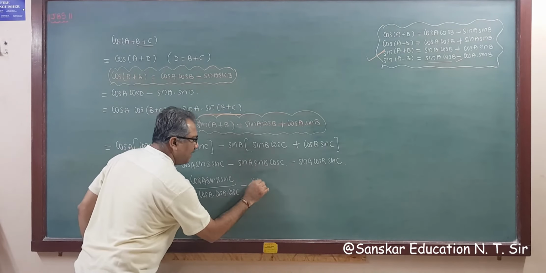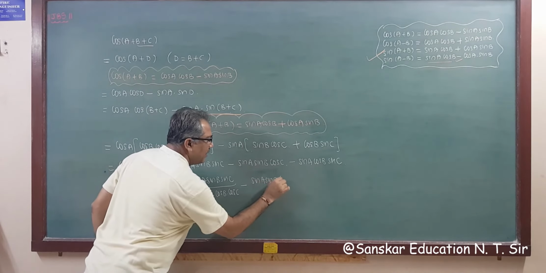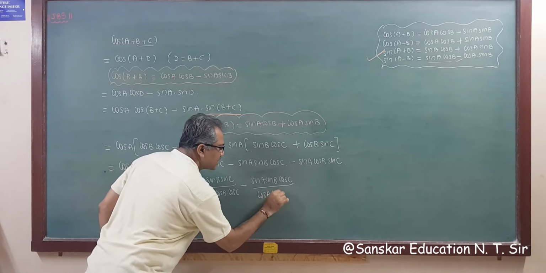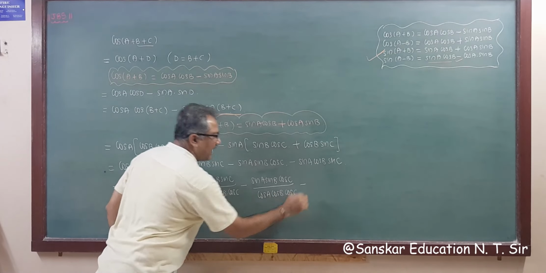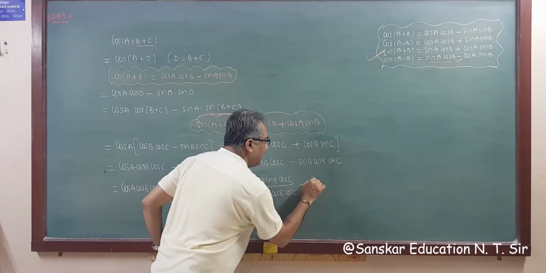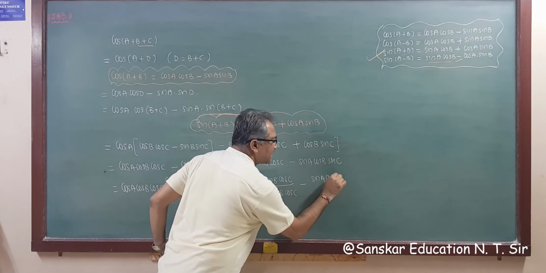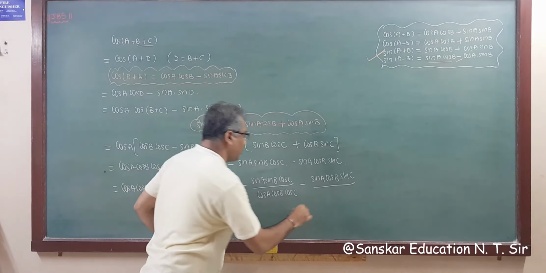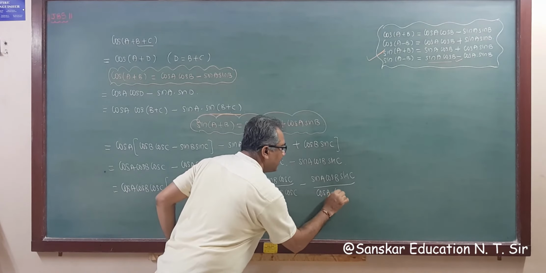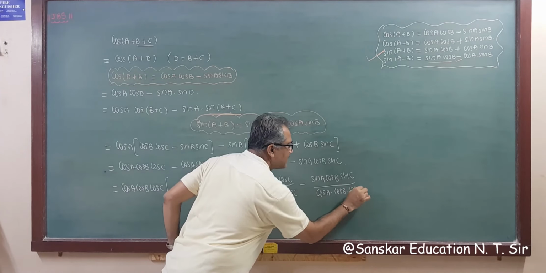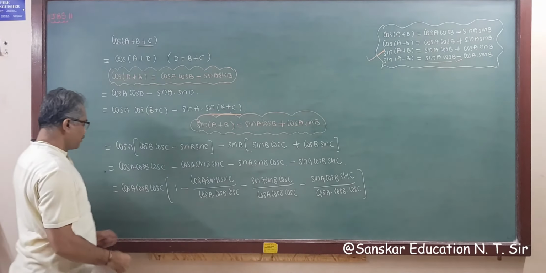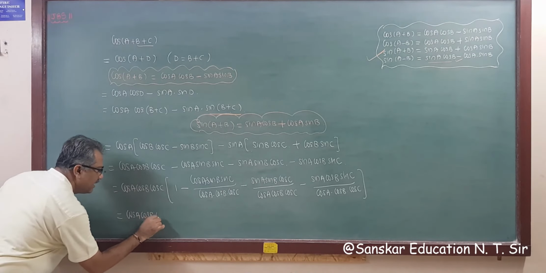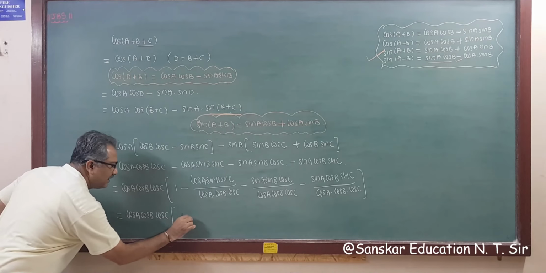Minus sin A sin B cos C whole upon cos A cos B cos C, and minus sin A cos B sin C whole upon cos A cos B cos C. So final answer will be cos A cos B cos C and 1 minus.